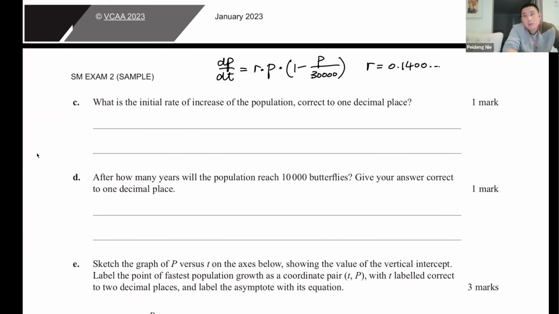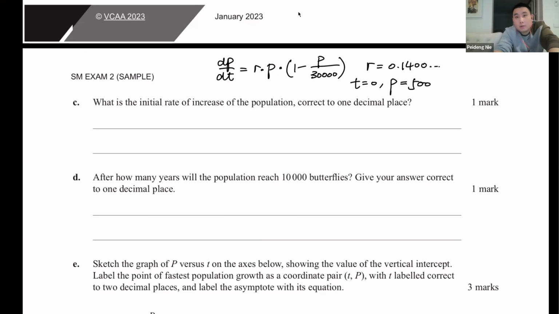This is a known value from this point on, from part B. Now, initially T equals 0, corresponding to P equals 500. So instead of finding T equals 0 and the derivative, I could just substitute P equals 500 and the R value I obtained into the derivative here to find the rate of change.